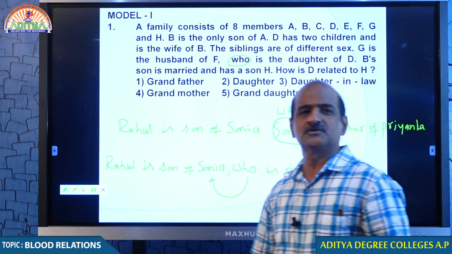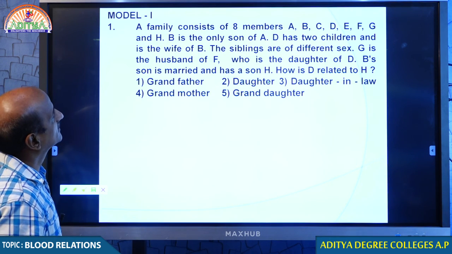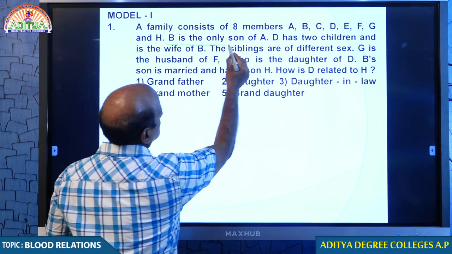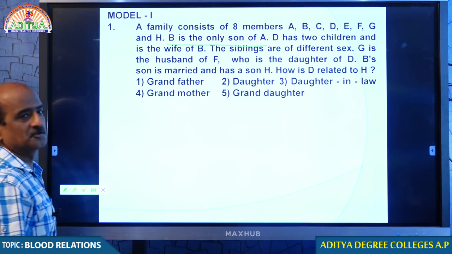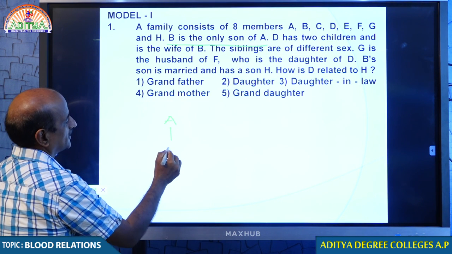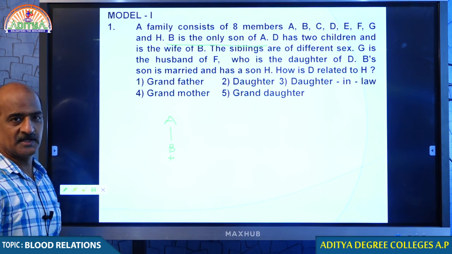Ready? Come on students. Now, we come to the question again, to get more clarity. One by one. B is the only son of A. B is the only son. Therefore, B is male.